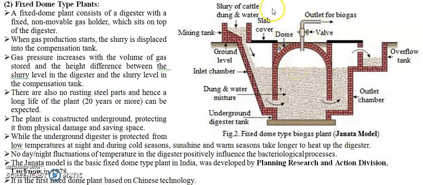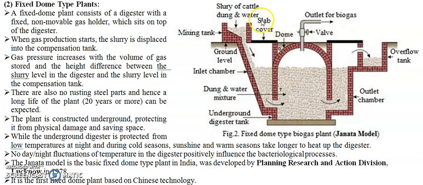Similarly, in the summer season when the temperature on the land is high, being underground the temperature will be less effective on this biogas plant. So when the entire construction is underground, the microorganism activity is more constant. The effect of temperature from above the land is less on the microorganism activities, and therefore they work in a proper manner.